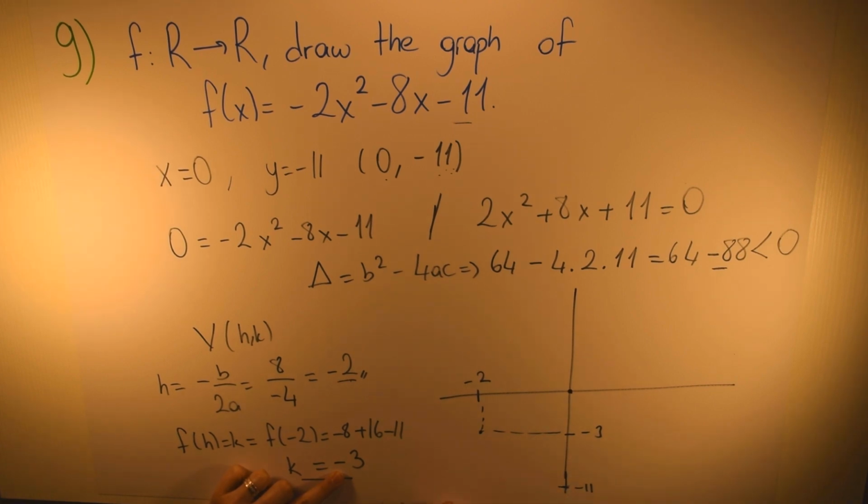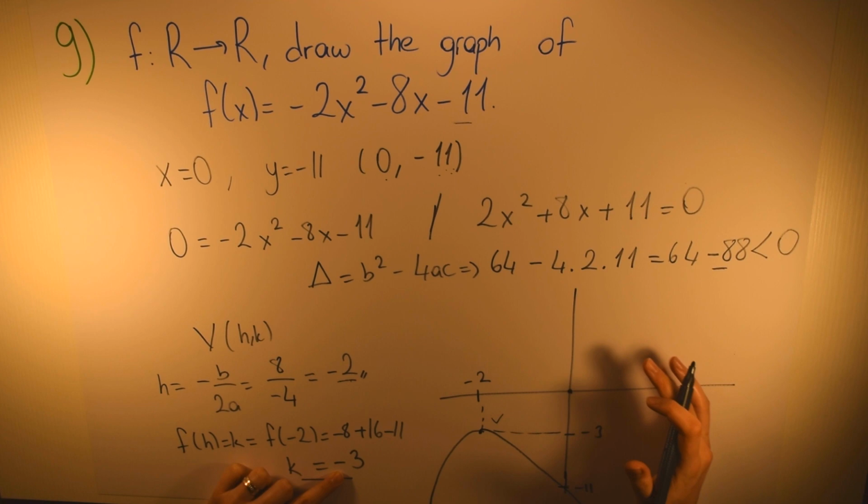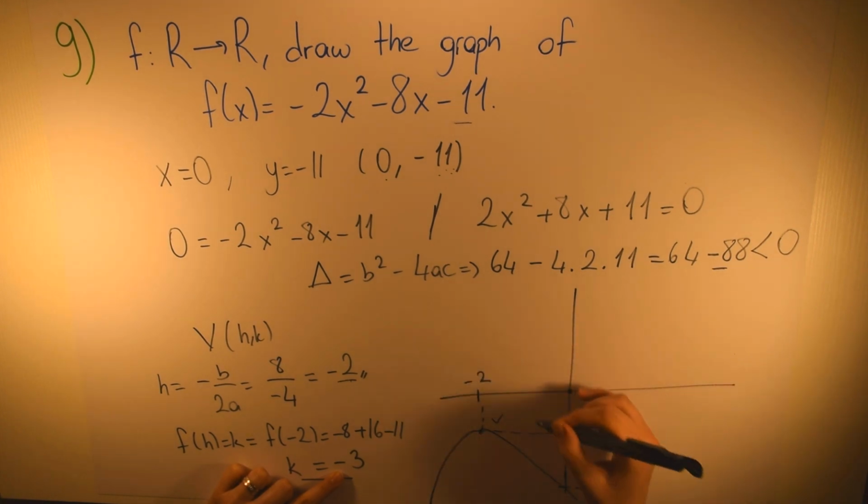Don't forget, our parabola doesn't intersect our x-axis, which means it should be something like this. It will go like this, and also it should pass from here. As you can see, there is no point on our x-axis which intersects our parabola.